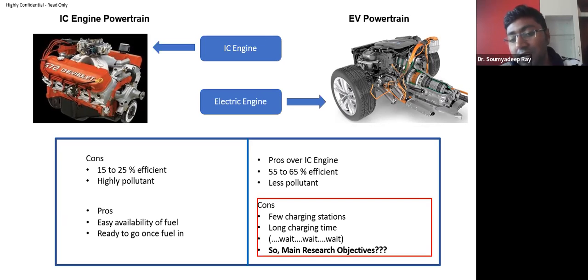And second thing, obviously, is the long charging time, so you have to reduce the charging time. In the previous slide I explained how you can reduce the charging time with advanced battery technology. These are some of the major research objectives on the electric vehicle side.